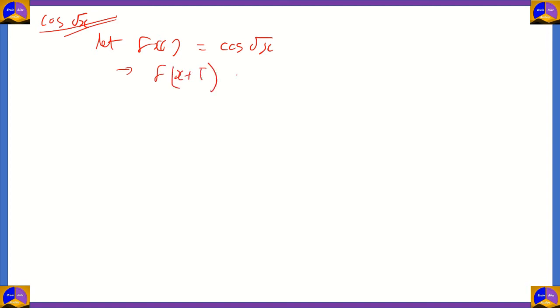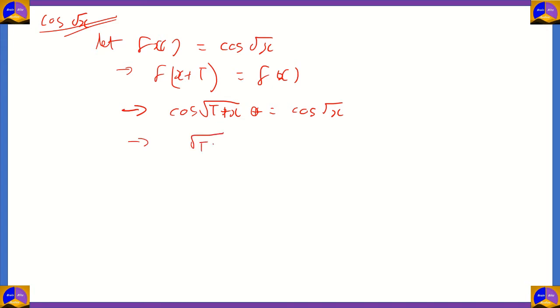So for cos root x, let's consider f of x to be equal to cos root x. And we also consider that f of x plus, say, t is equal to f of x. Now that means cos of root of t plus x is equal to cos of root x.